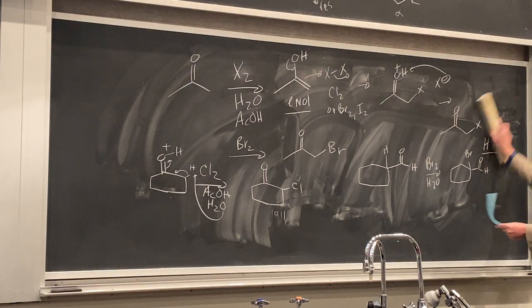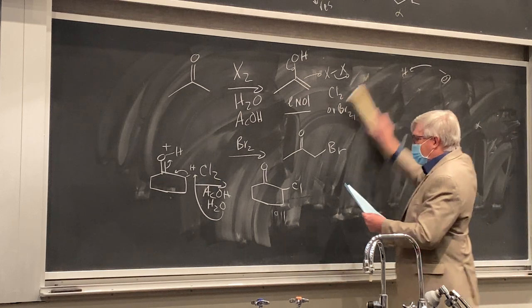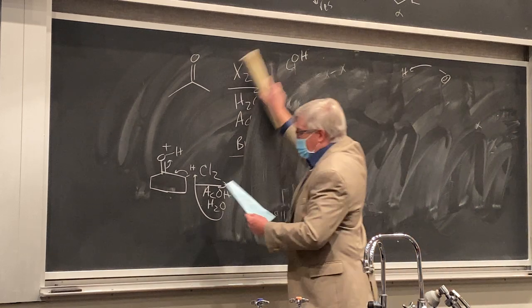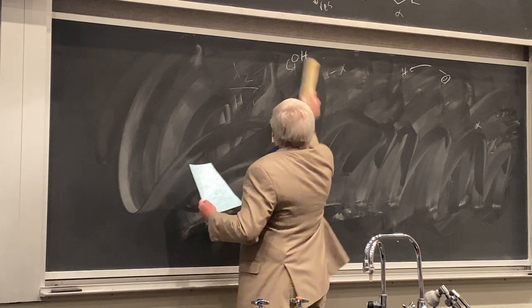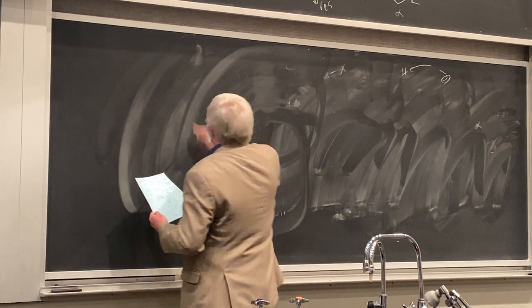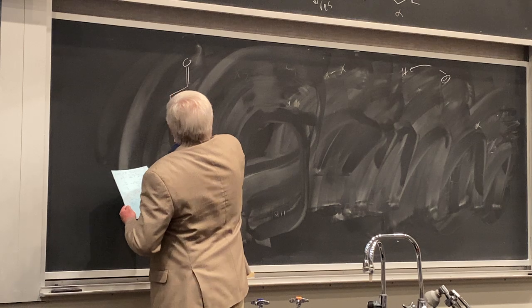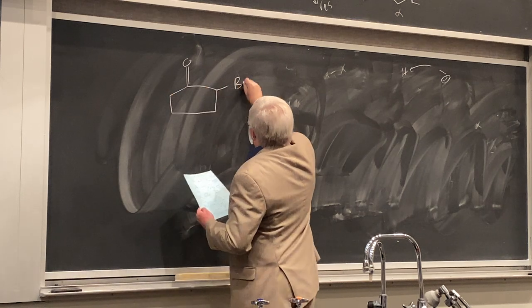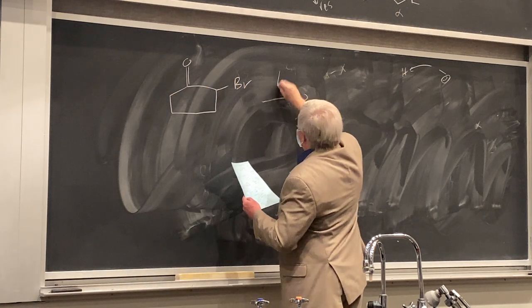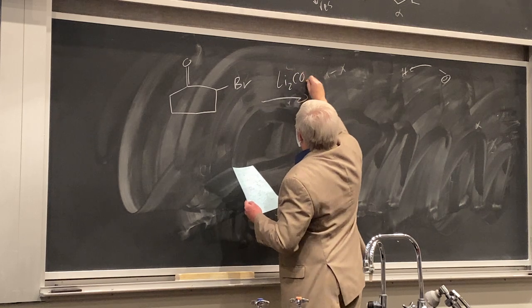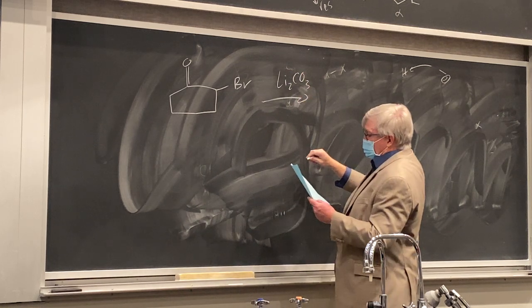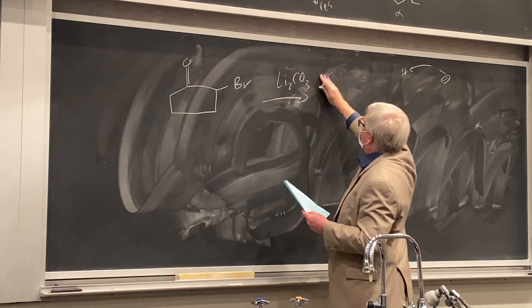Let's look at the utility of these halides. So if we can form these, we just formed the monobromo, and we can react that further with lithium carbonate base. And lithium carbonate's the one pointed out in the book, and we'll stick with that.